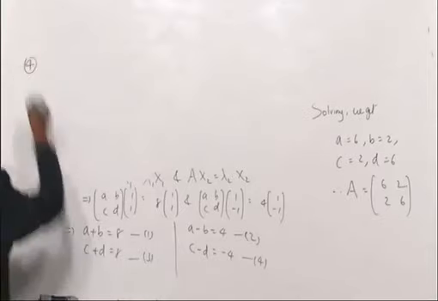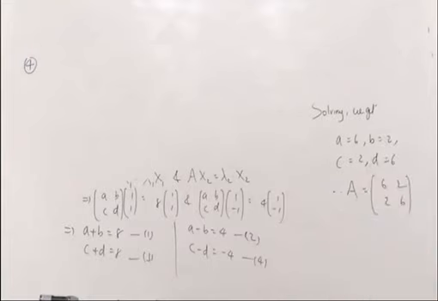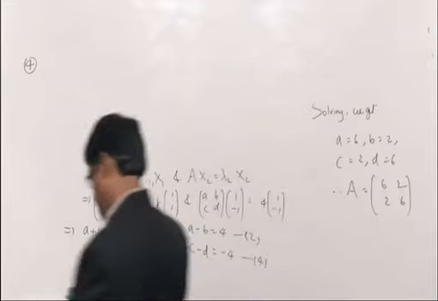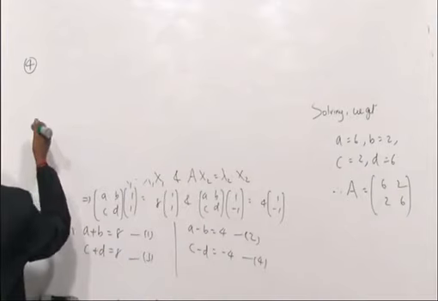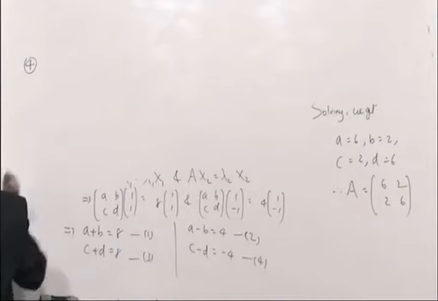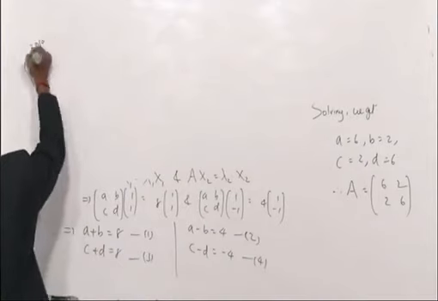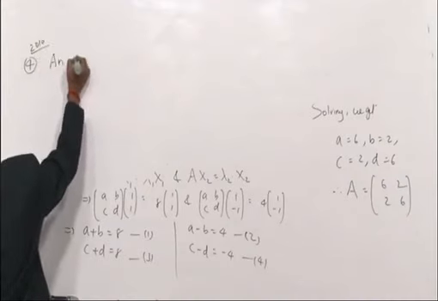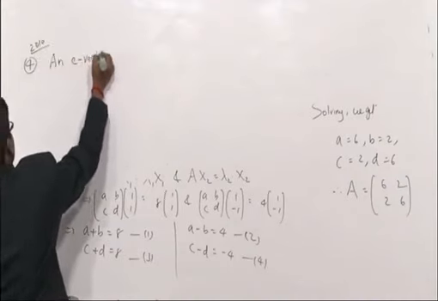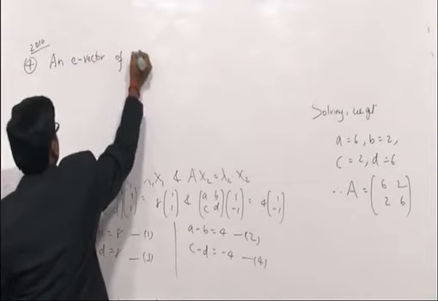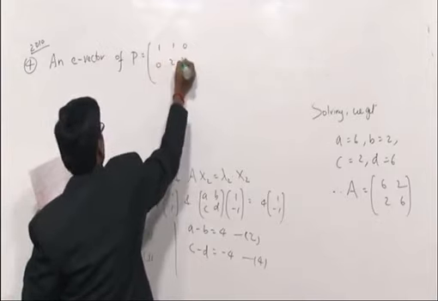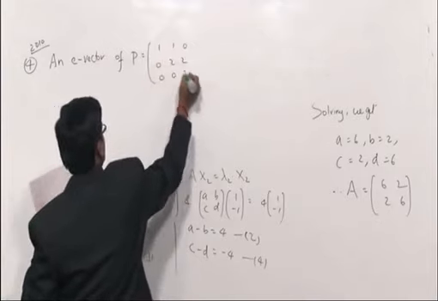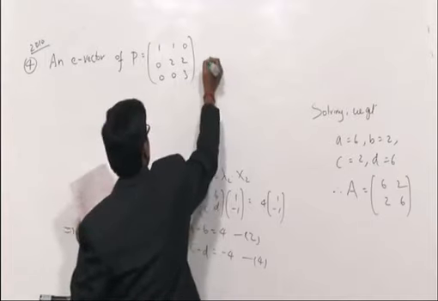Another different example, which is given in 2010, 2 marks. An eigenvector of the matrix P is equal to 1, 1, 0, 0, 2, 2, 0, 0, 3 is, options given.